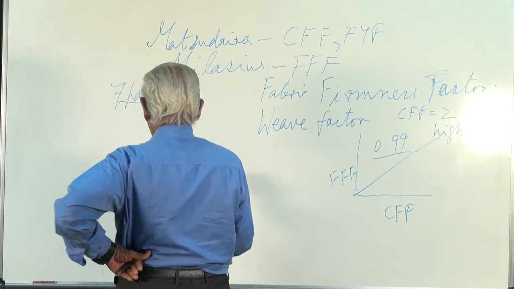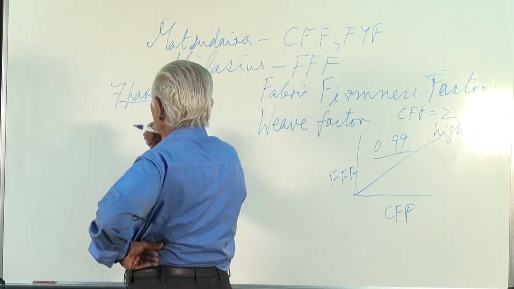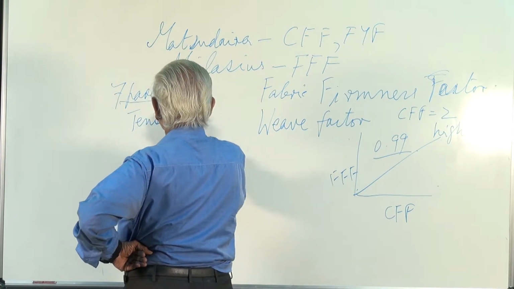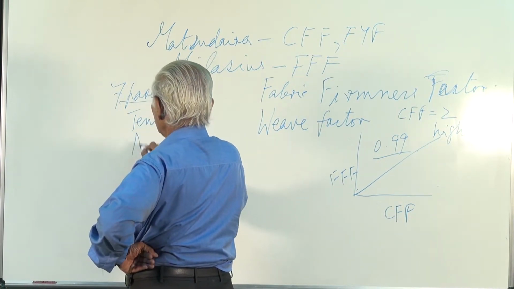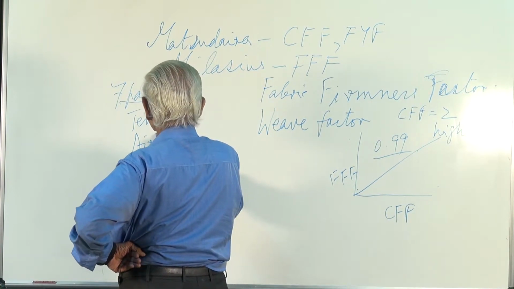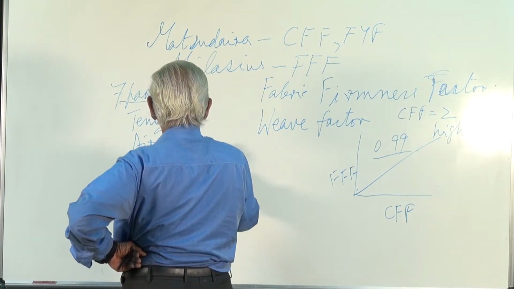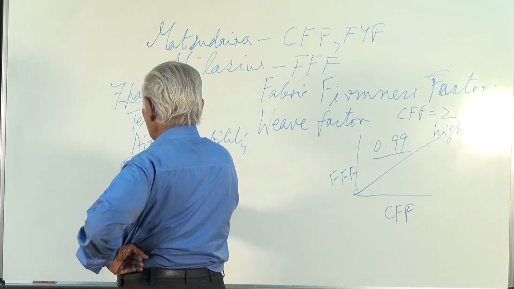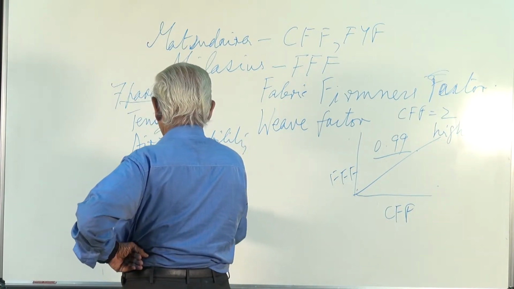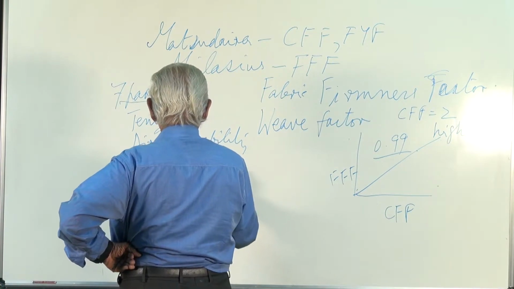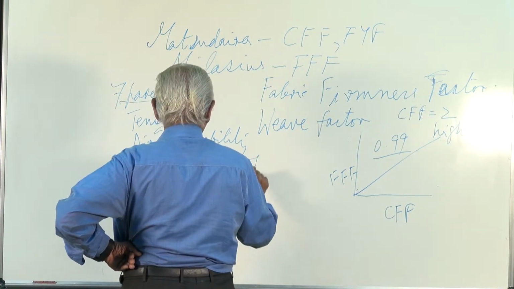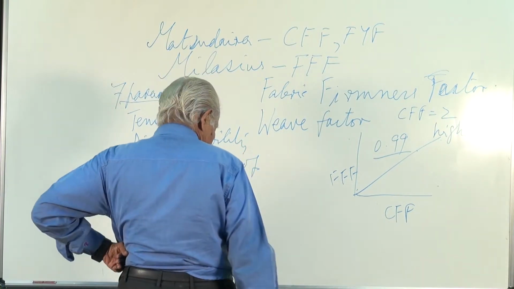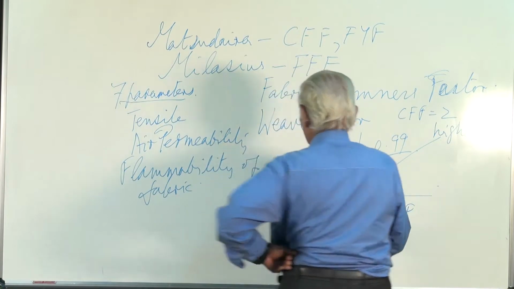And fabric firmness factor has been found to be well correlated with the tensile strength and with air permeability, flammability of fabric, and fabric firmness factor is dependent on set.